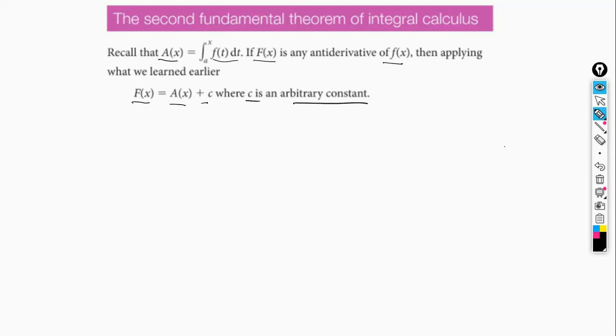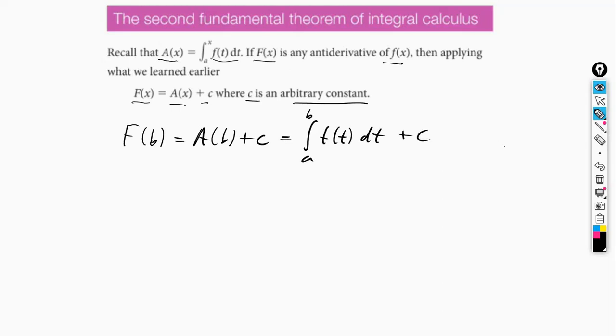So what happens if we do A of b? Well, we can say that capital F of b is equal to A of b plus c. And this is the same as saying the integral from a to b of f of t dt plus c. Notice that all we're doing is substituting x with b in the area function.